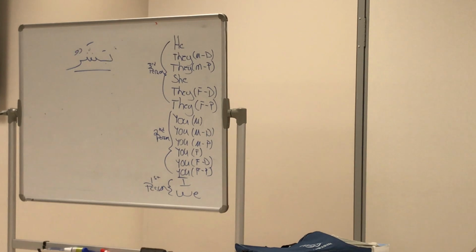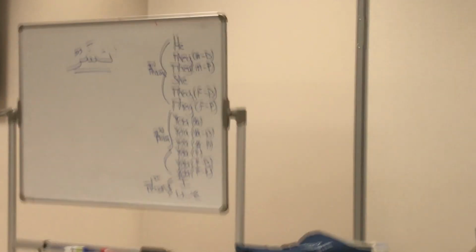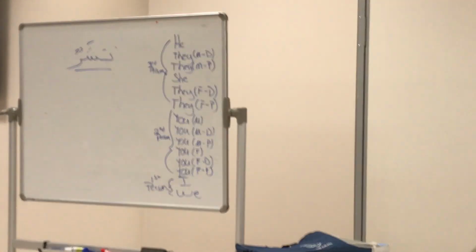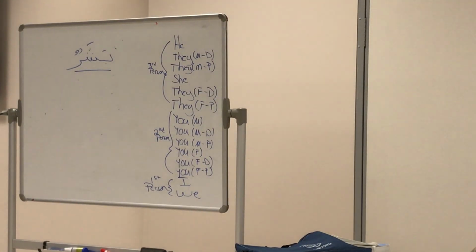Okay? And the kitaba, which means writing, is the ism. That's an infinitive. So that's the ism. Alright? Let's look at some of these exercises. And let's just look at the underlined words here. Alright? Just take 5 seconds.